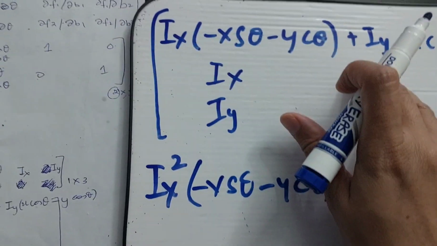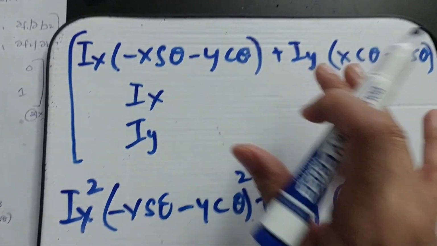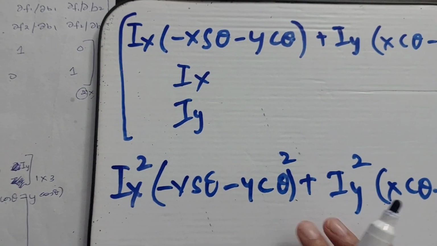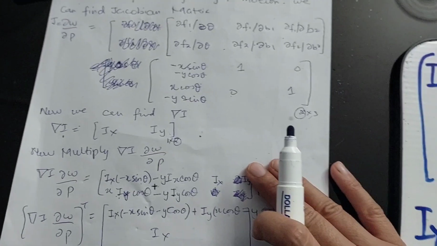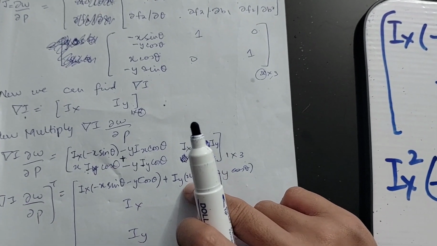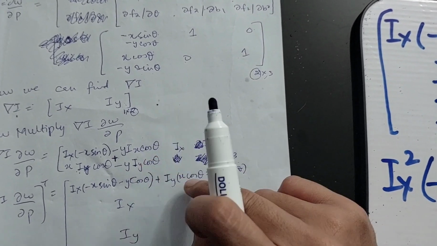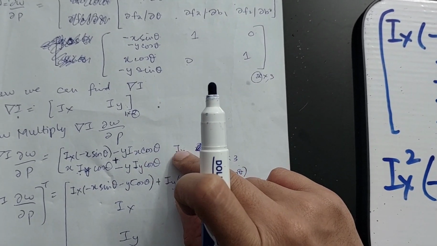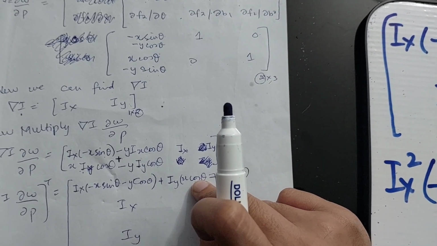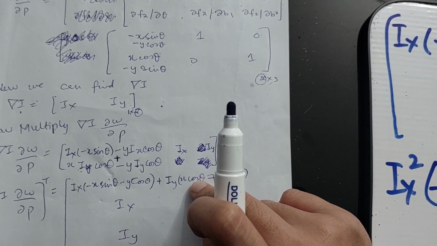Whenever you do matrix multiplication, you know that the first term will be multiplied with the first term, and then this first term will be multiplied with this second term, and then this first term will be multiplied with the third term.